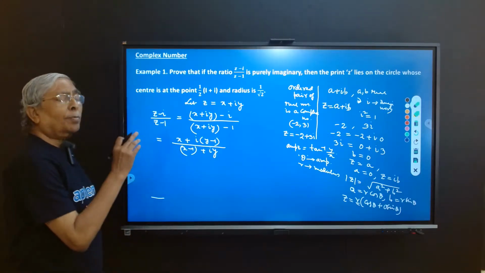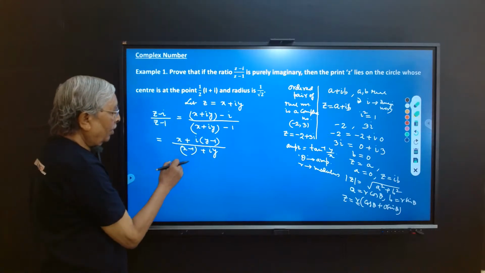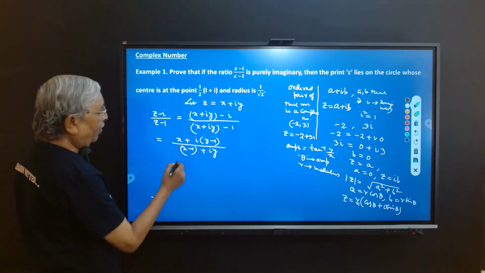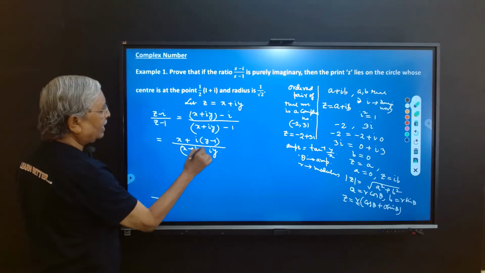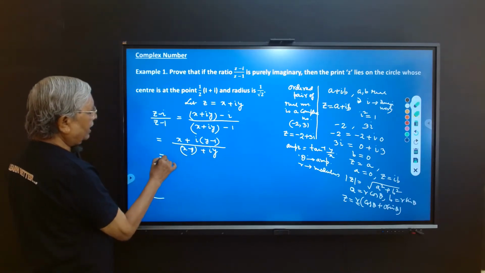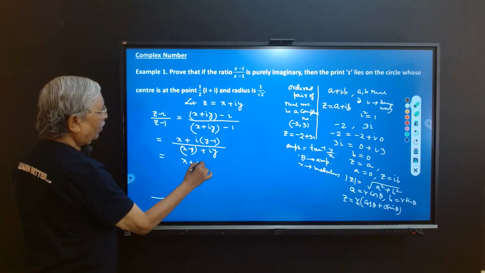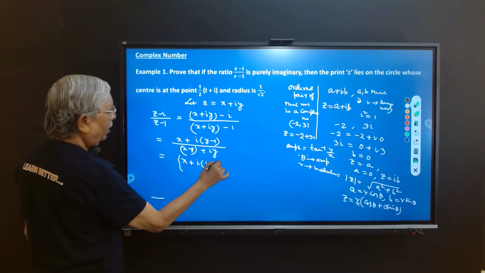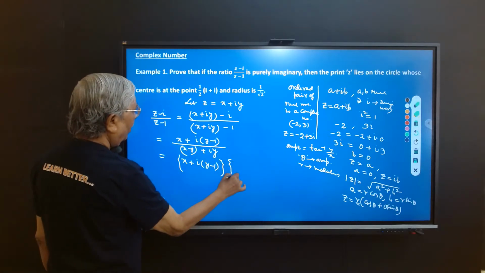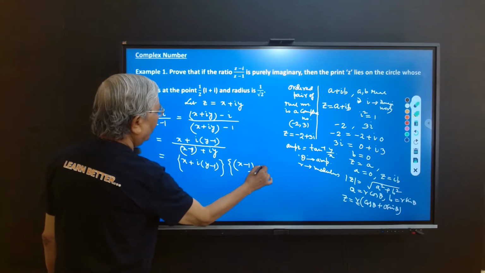How to put it in the form a plus ib? You rationalize it. The denominator is (x minus 1) plus iy, so multiply by the corresponding conjugate factor: (x plus i(y minus 1)) into ((x minus 1) minus iy).